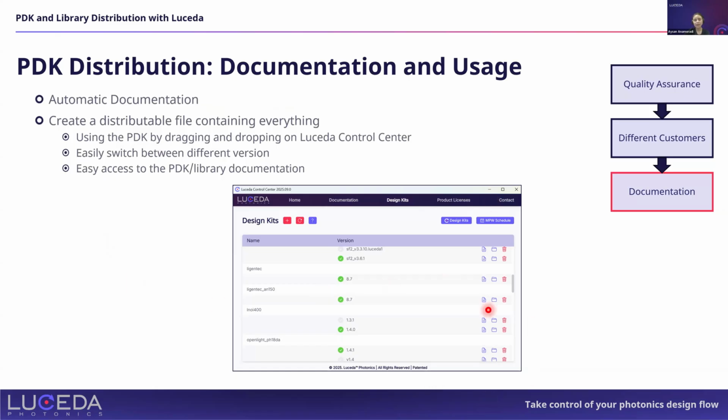If they use Luceda, they can drag and drop on Luceda Control Center, and if you release different versions, they can switch between different versions directly from here. And also, they can access the documentation using these buttons and go to the folder of your PDKs using this folder button.